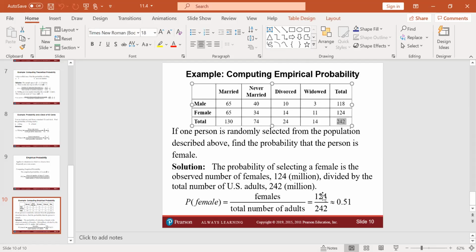So we do 124 divided by 242, and about 51% or 0.51 of the adult population in the US is female. So there's about a 0.51 chance that we randomly select a female when we're just selecting any person. I would argue that's theoretical, that's not actually empirical probability. So maybe that's a bad problem, but you would still compute the probability all the same.